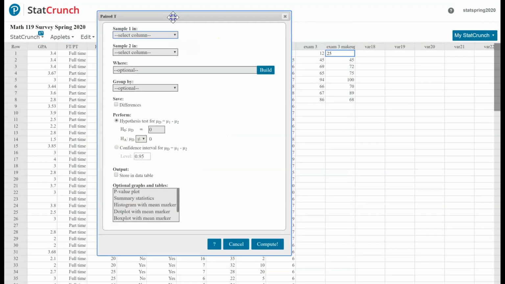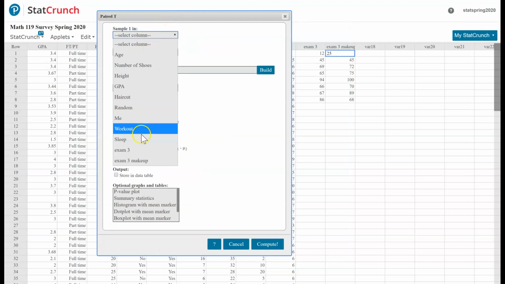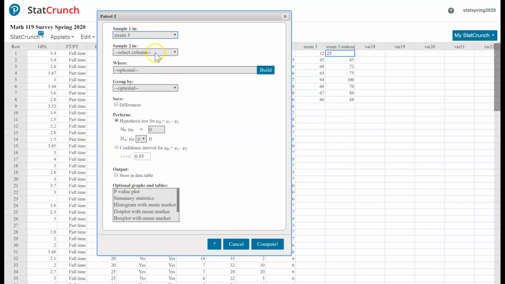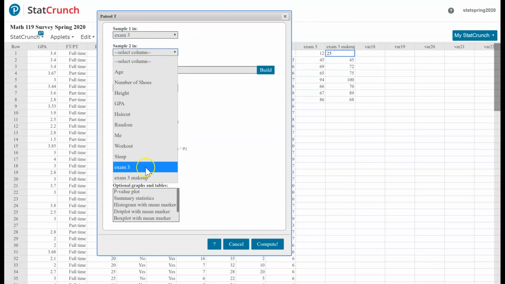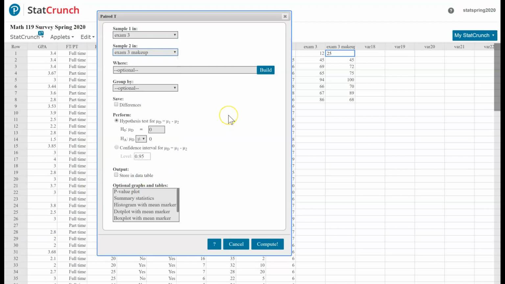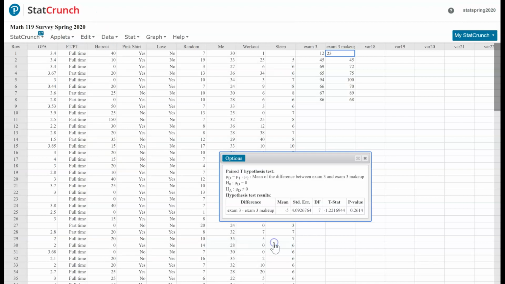Sample 1 is going to be exam 3, that was before, and sample 2 is going to be exam 3 makeup. Then you can see here mu d is going to be 0, and mu sub d is not equal to 0. If you ever think it is in one direction, you can change it. And then let's press Compute.